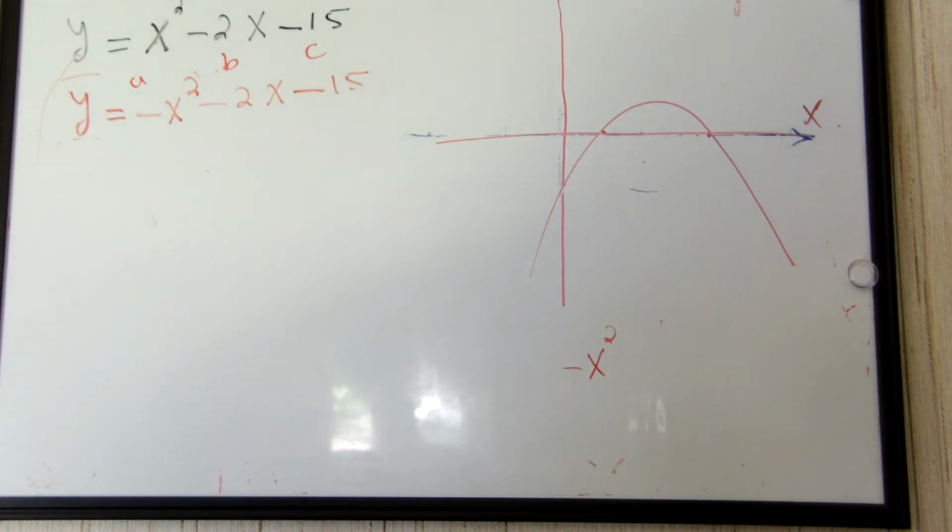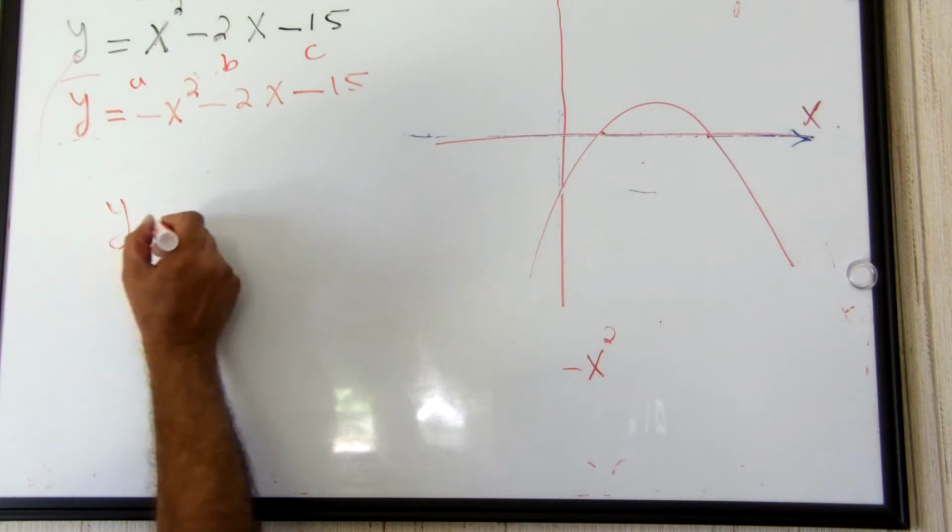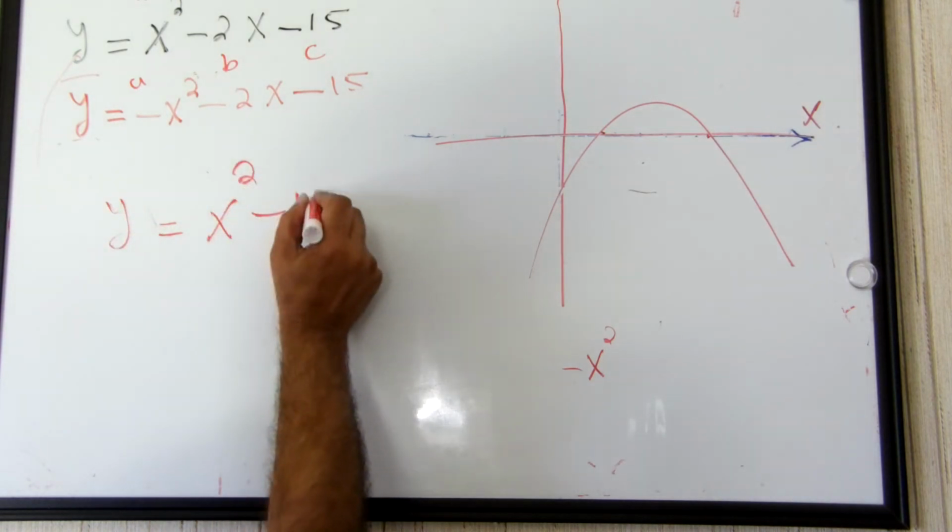So let's talk about the quadratic function that doesn't intersect. For example, you have x2 minus 4.